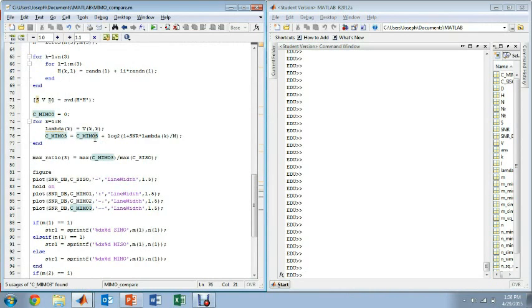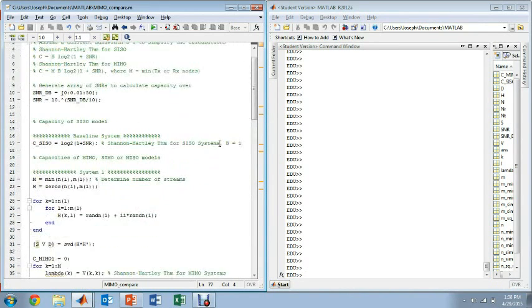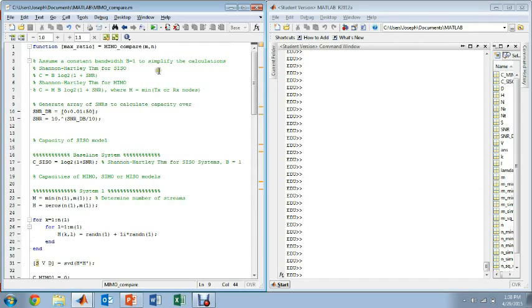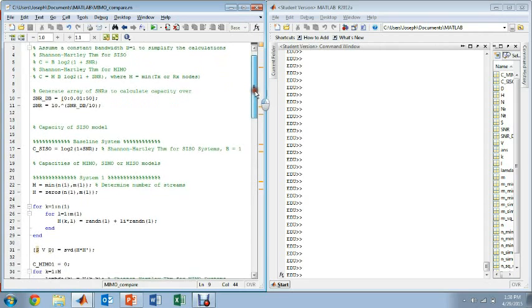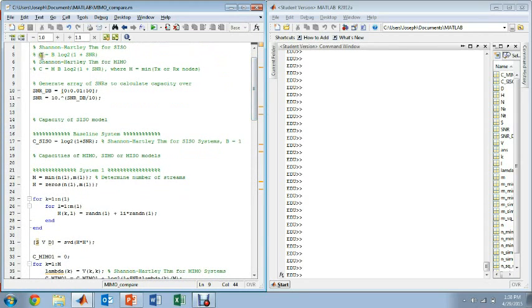On the left, we have my MIMO comparison function. I'll just go through each line really fast. I defined the 2 equations, first for just a SISO system, and secondly for the MIMO system, and you can see that they're the same except for the addition of the M term.